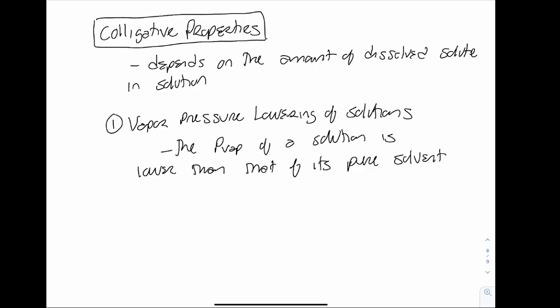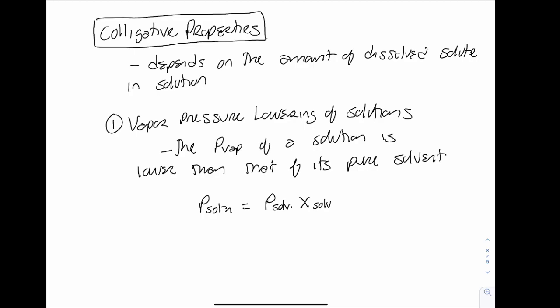We do have an equation that we can use, and that equation tells us that the vapor pressure of my solution, so I'm just going to write P for pressure, it is vapor pressure though, for my solution is going to be equal to the vapor pressure of my pure solvent multiplied by the mole fraction. And it is going to be the mole fraction of the solvent. We maybe put an L in here.